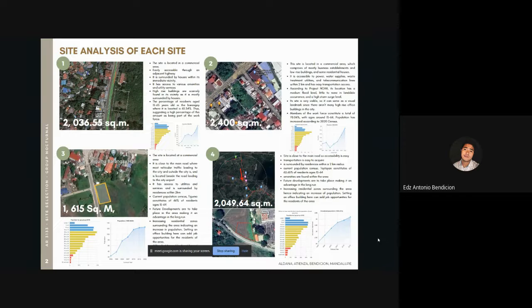The office buildings of both public and private sectors are also located near the site within a 2 kilometer radius, which are the NFA and the Land Transportation Office. So that's all for the third site.